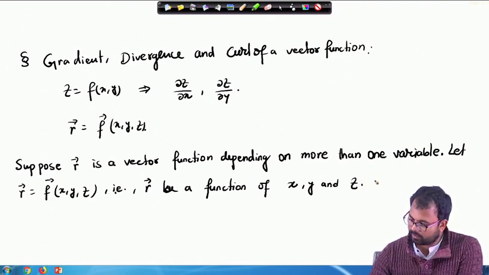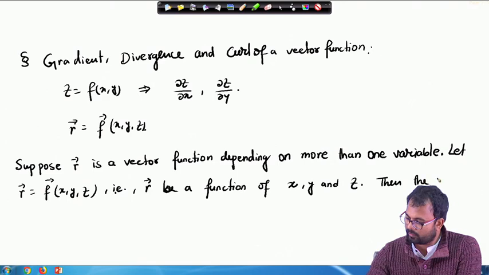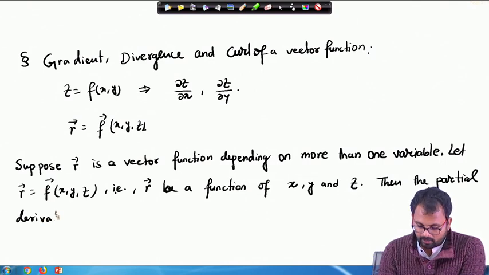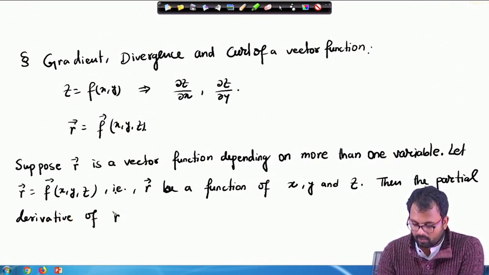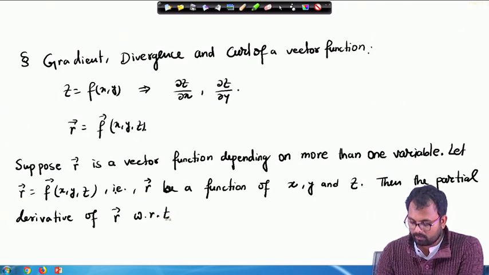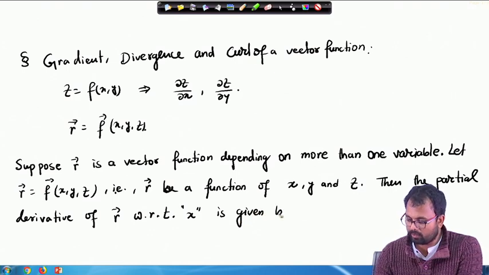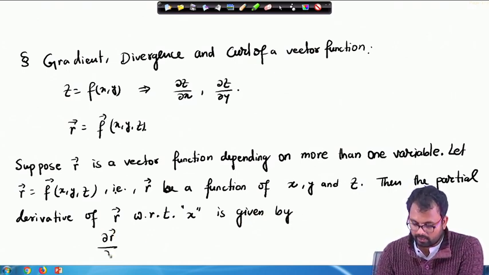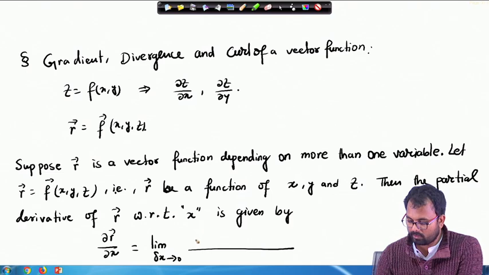Then the partial derivative of r with respect to x is defined as del r del x equals the limit as delta x goes to 0 of f(x plus delta x, y, z) minus f(x, y, z), divided by delta x.